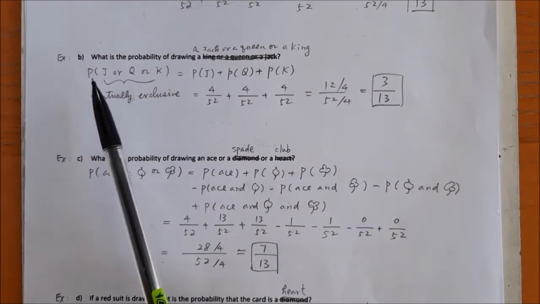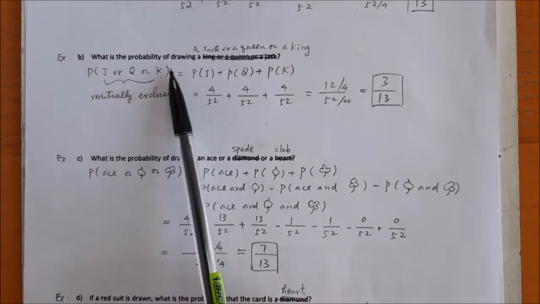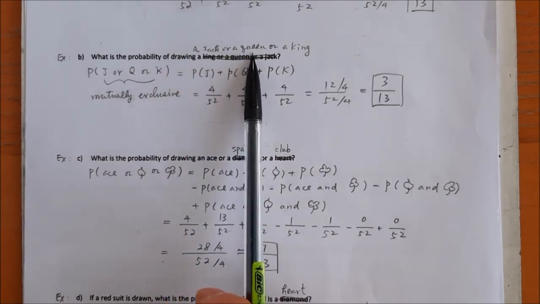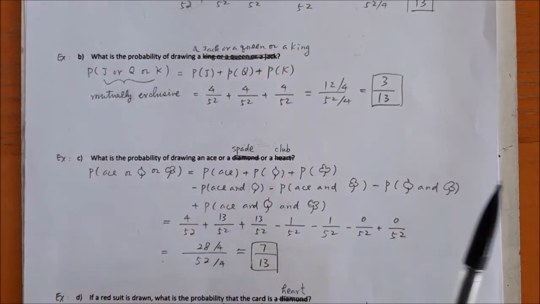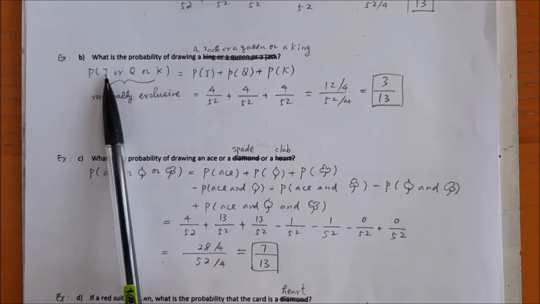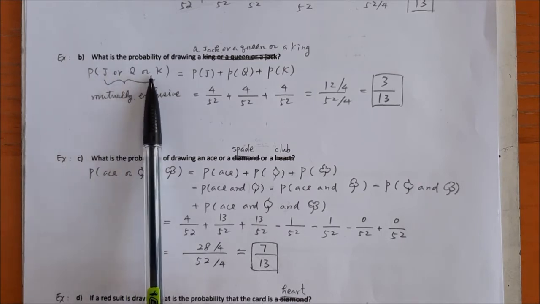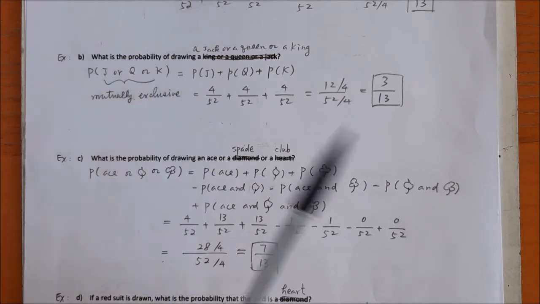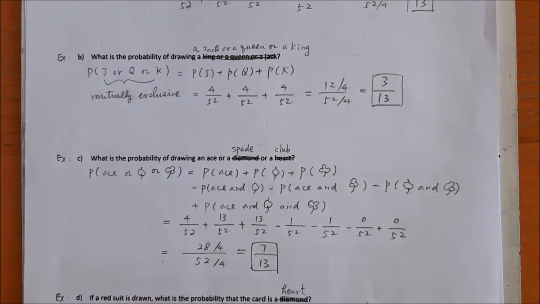B. What is the probability of drawing a jack or a queen or a king? So we are looking for probability of a jack or queen or king. Since the jack and the queen and the king, they are mutually exclusive.